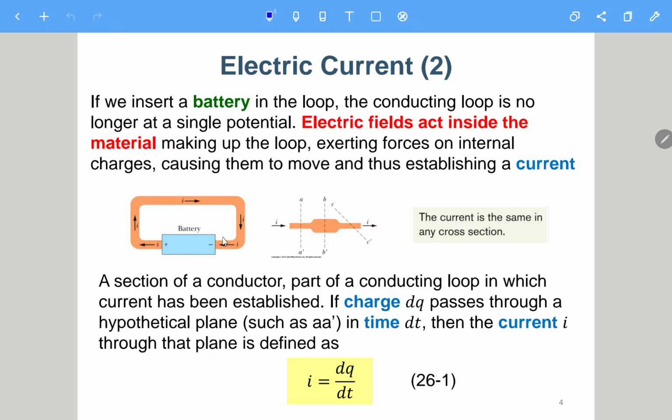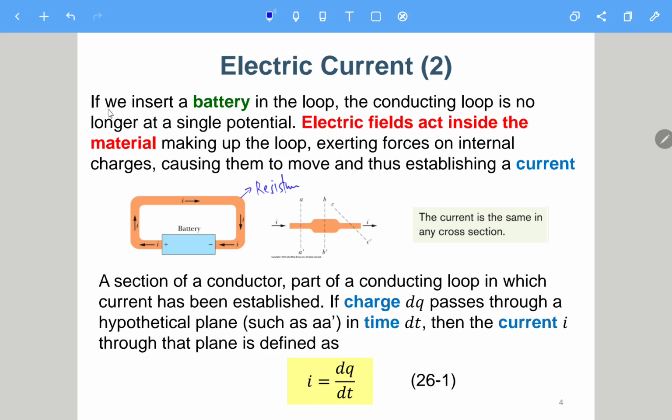But for this case, you cannot consider it as having the same potential anymore, because there should be some resistance in between. Otherwise, this node here and here won't have different electric potential. So the potential difference should start to drop along the path.